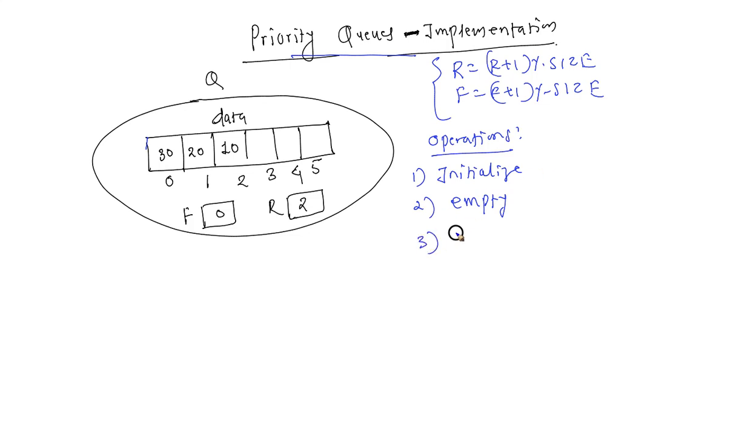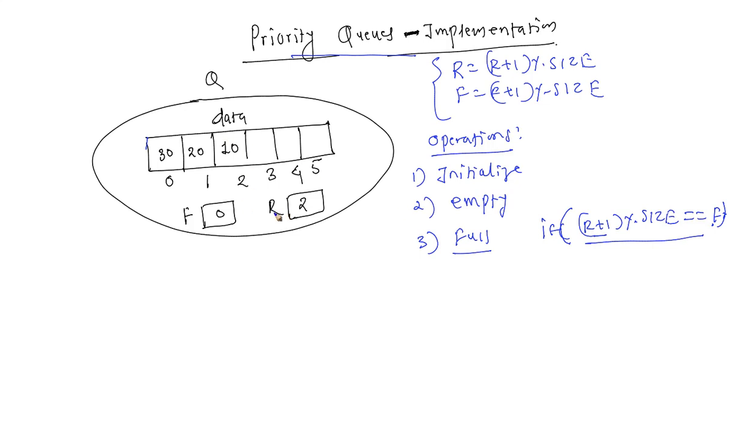Third operation is full. Again, the full condition is also the same. What is the full condition? If r plus 1 mod size equal to front, f. If this condition is true, that means the location next to r is equal to f, right? I'm not using pointers here, that's why I'm not writing PROR and PRF. So I'm assuming that I have access to these elements of the queue.